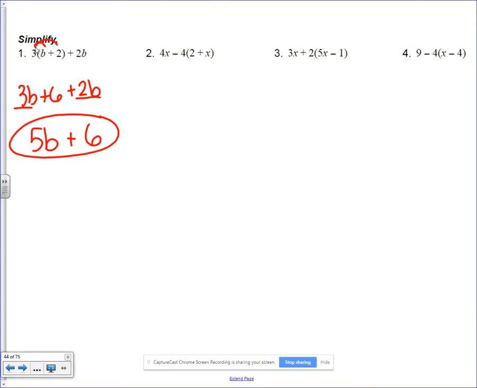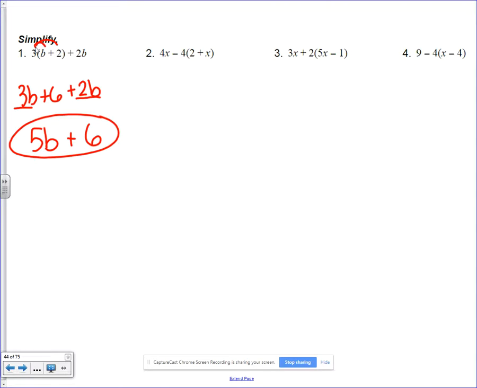This 6 right here is a constant. Are we good with that? Because I'm going to use that word a lot. Y'all see this 5 in front of that B? Whenever you have a number in front of a variable, that's called the coefficient. So the constant has no variable. The number in front of the variable is called a coefficient. Are we okay with all that?